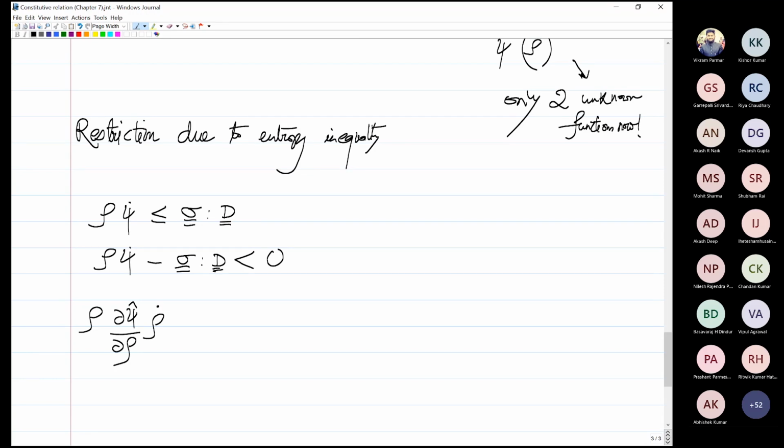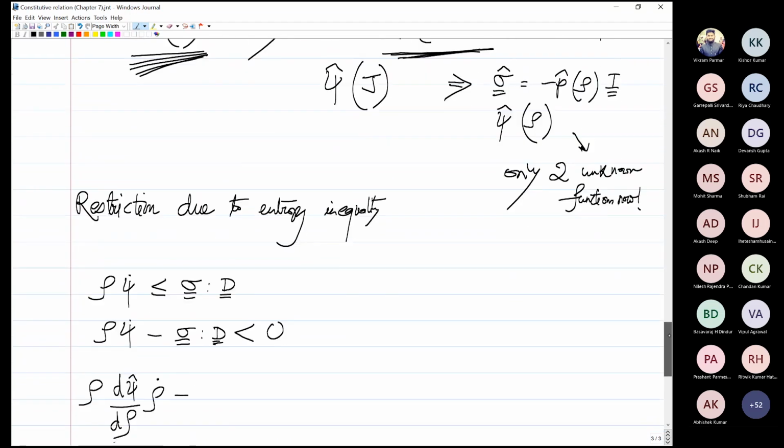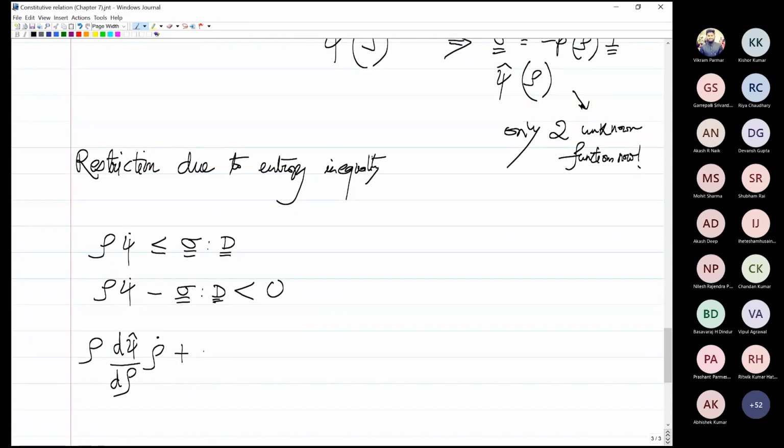Because psi hat is a function of rho, so we can write that. So psi dot is simply, or in fact, this del psi also becomes d psi, so d psi hat by d rho into rho dot. Minus sigma hat; we have just seen we wrote it as minus p times identity. So it becomes plus the pressure function p hat of rho times identity double contraction d, which is the symmetric part of the velocity gradient.